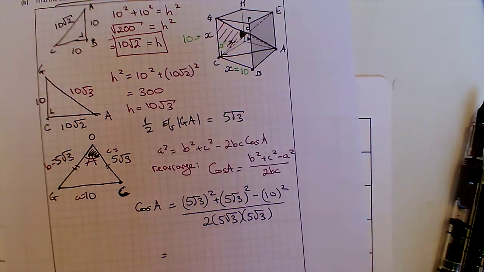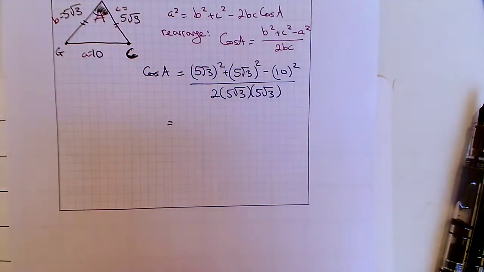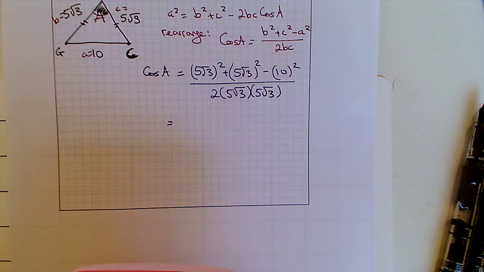And this is a good bit harder than I had thought about when I assigned it, guys. So we have 5 root 3 all squared plus 5 root 3 all squared minus 10 squared, which we know is 100.